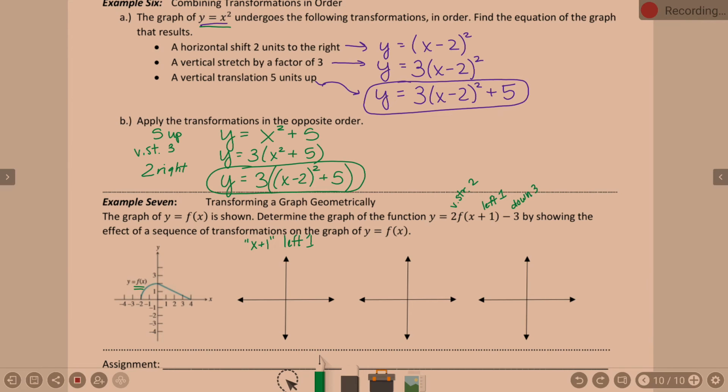There's basically 4 tick marks on each section of the axis. If we're going left 1, look for pieces here. There's an intersect at -2, 0. Where's that going to be?